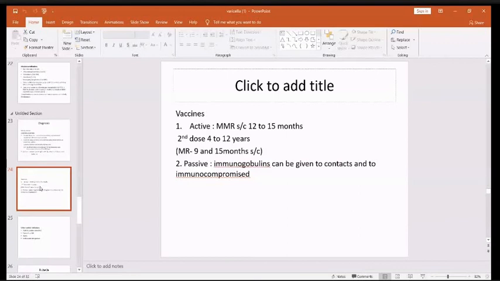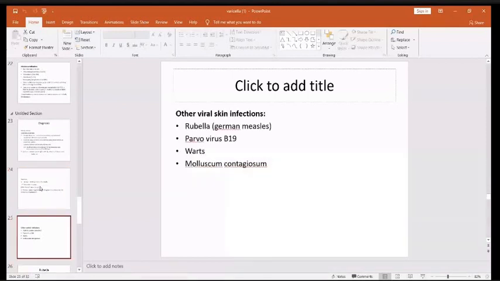Now, other viral infections, I'd like to mention a few of them, just a short discussion. So some other viruses, as I mentioned, cause exanthematous childhood infection. One of them is rubella, another is parvovirus B19, and warts. That can also be one of the viral infections producing skin lesions.